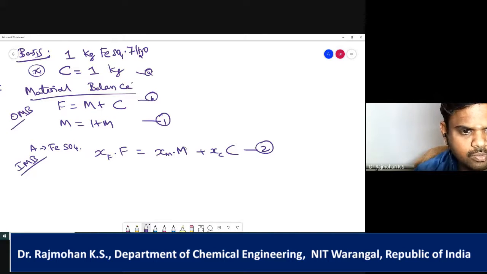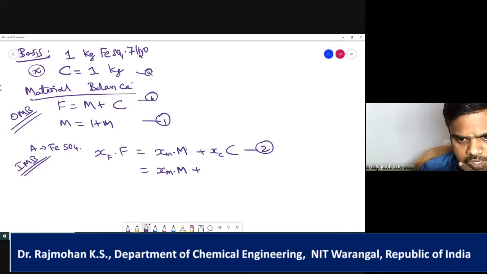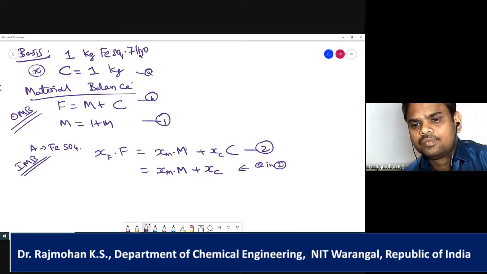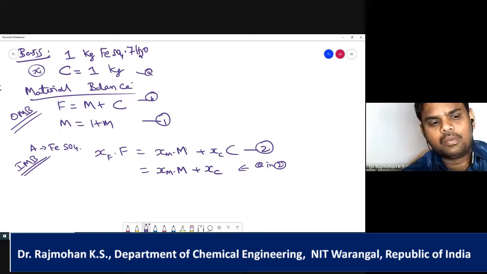By this time you should be thorough with it. There should be no doubt in writing the material balances. So XF into F equal to XM into M plus XC into C, which you can write as XM into M plus XC because C equals 1. Now proceed to solve the problem.